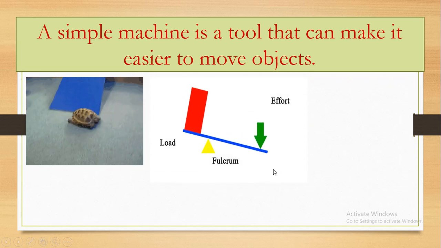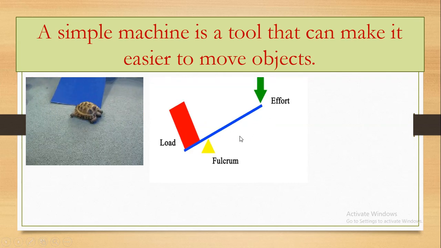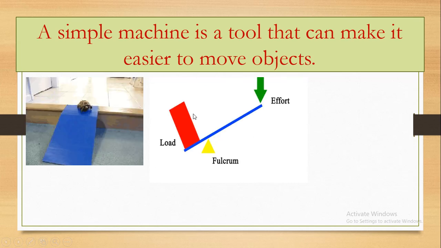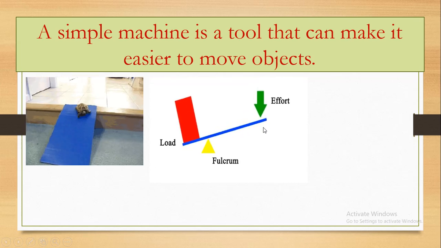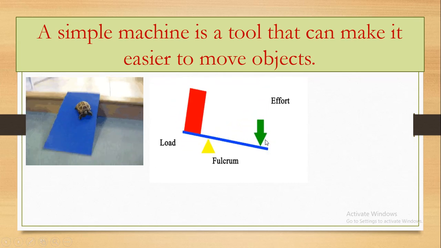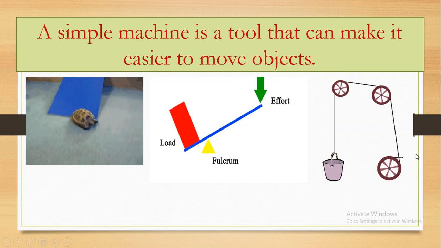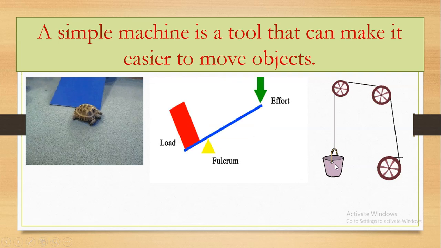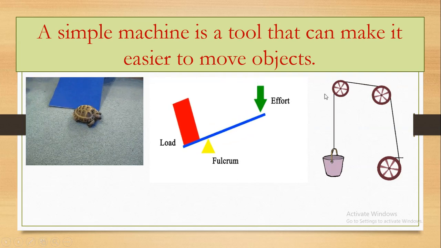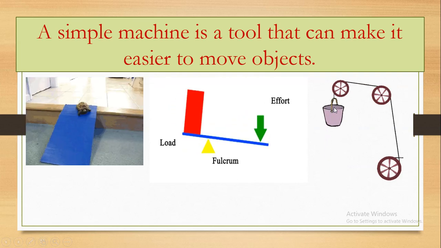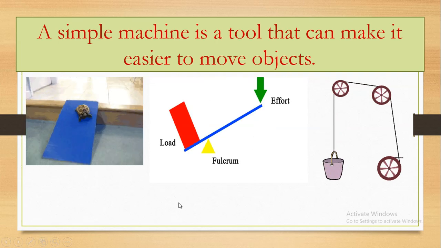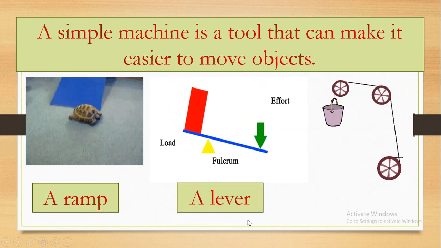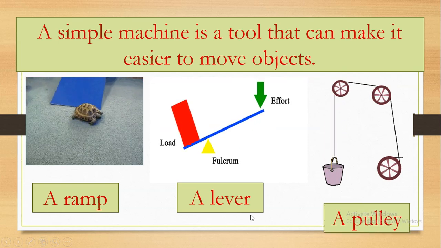In this picture, we have a bar. We can lift this red box by pushing down on this side of the bar. In this picture, you can pull this rope from here to lift the bucket here. So, our simple machines are a ramp, a lever, and a pulley.